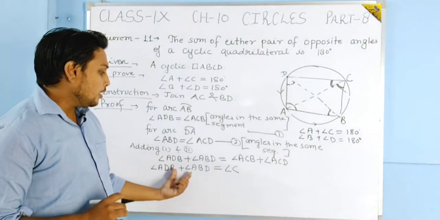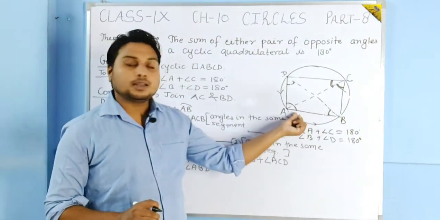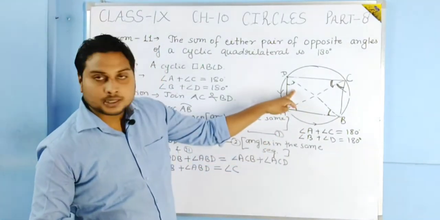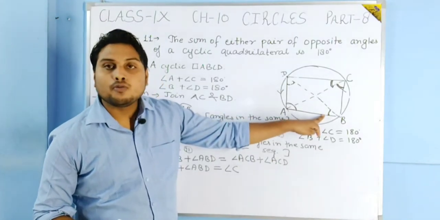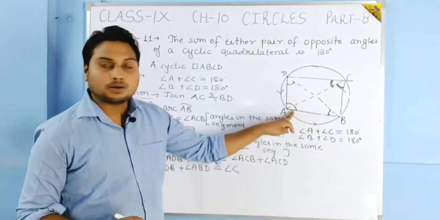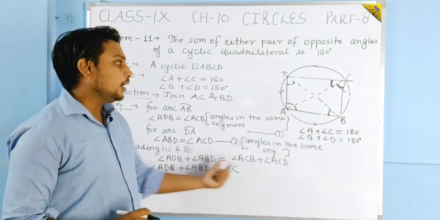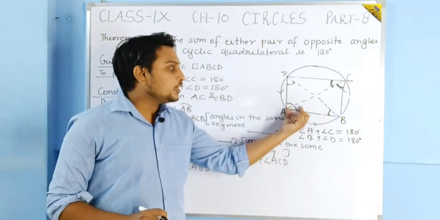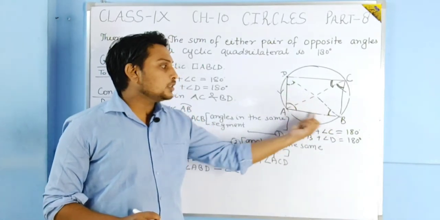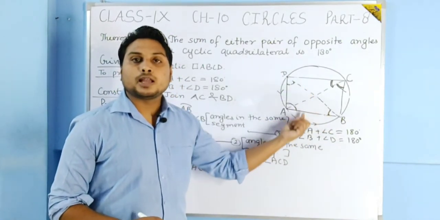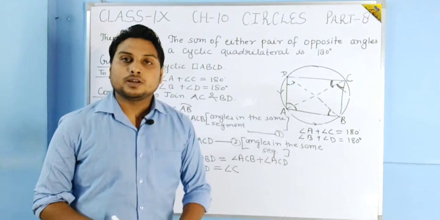We have to add this angle A, because this angle is there, this angle is there. What is not there? Angle A is not there. So if we add angle A in the left hand side and also in the right hand side, the left hand side will become 180 degree, because we know that the sum of the angles of a triangle is 180 degree.